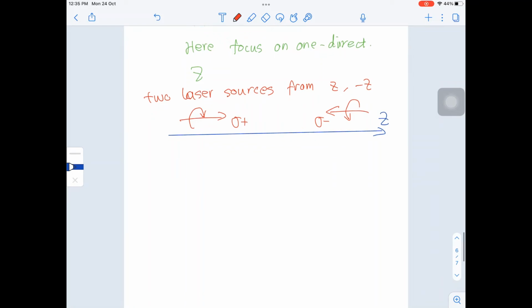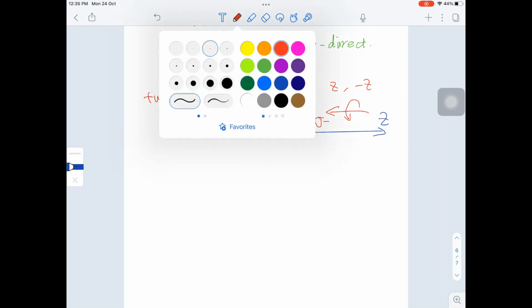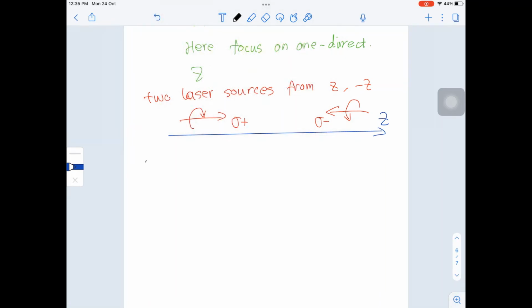Now I would like to talk about the 3-beam MOT. When it is 3-beam, there are still 6 beams. When we use 6-beam, we can use 6 laser sources to form 3 pairs of counter-propagating light along the X, Y, Z axis.